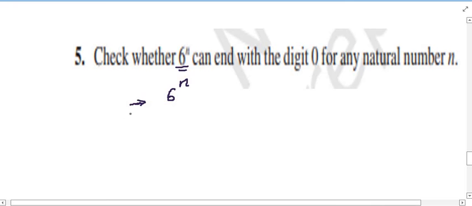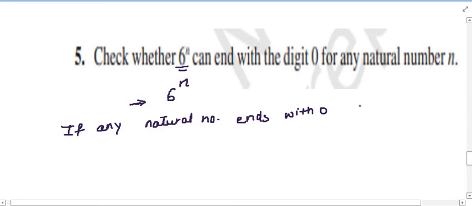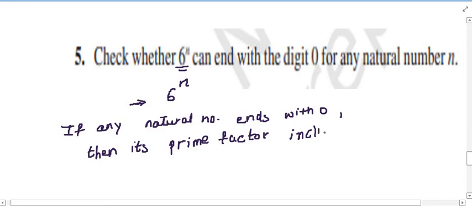So we know that if any natural number ends with 0, then its prime factors include 2 raised to the power n times 5 raised to the power n.